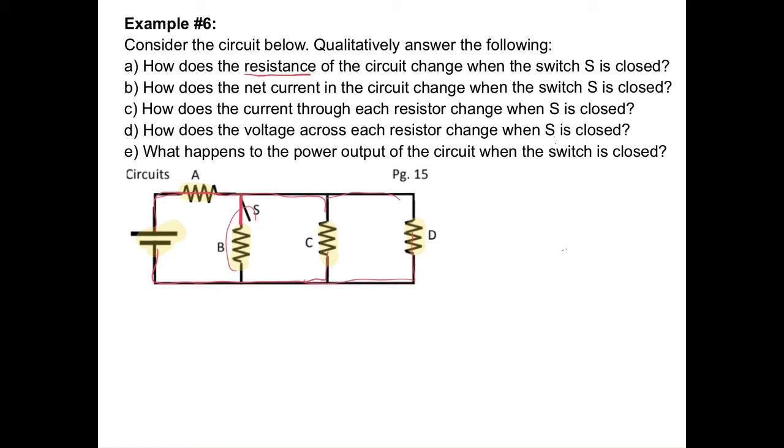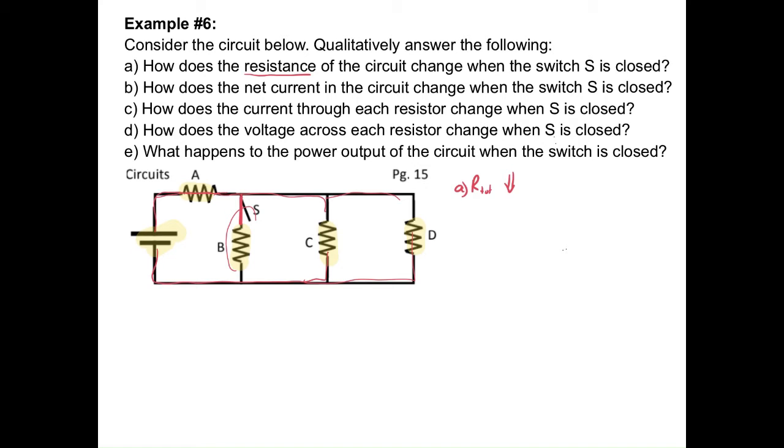Now, one of the things that we learned earlier is that as we add a resistor in parallel, the total resistance of the circuit goes down. And so the answer to letter A should be that the total resistance of the circuit goes down as S closes.